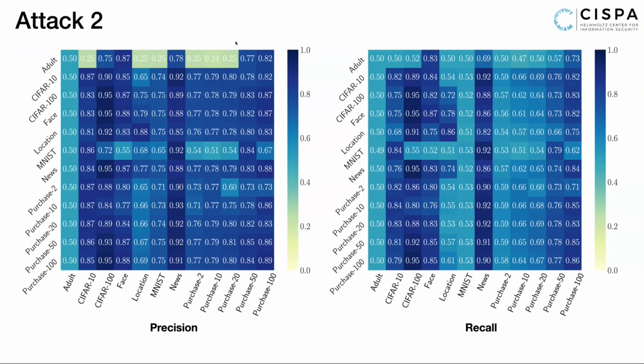For example, on the precision side, if we're using CIFAR-100 to attack a news data set, where CIFAR-100 is an image data set and the news data set is a natural language processing data set, you can also achieve a pretty good result, 0.89 precision and 0.88 recall. This is similar to, or even a little bit higher than, the values on the diagonal. So in many cases, our transferring attack, or attack 2, can work.